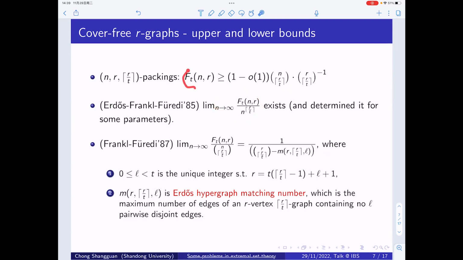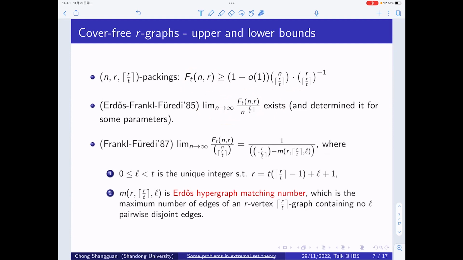Namely, they use this function and divide by n to the power of the ceiling of r over t. So Erdős, Frankl, and Füredi managed to show that such a limit always exists, and then they managed to determine the limit for some set of parameters.